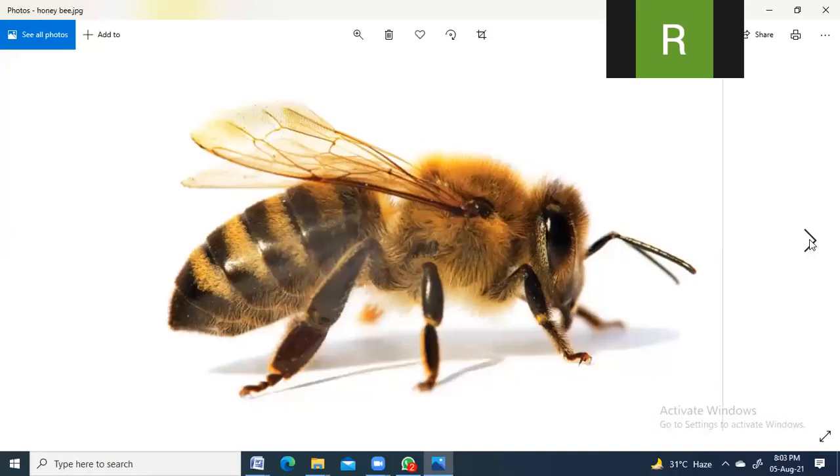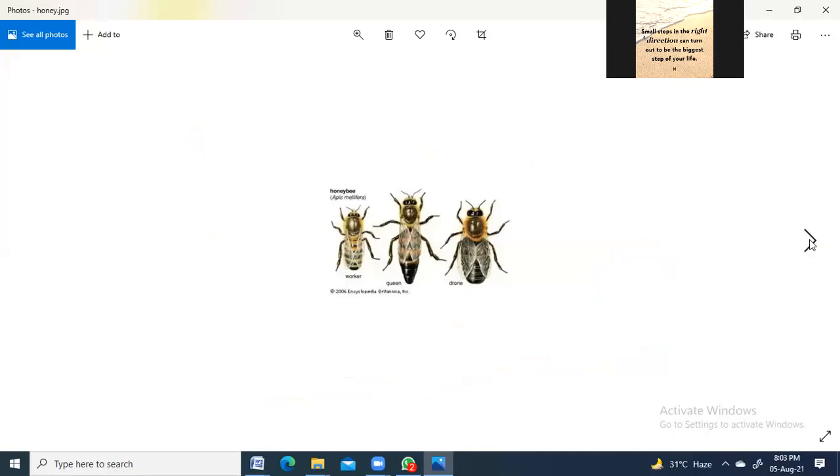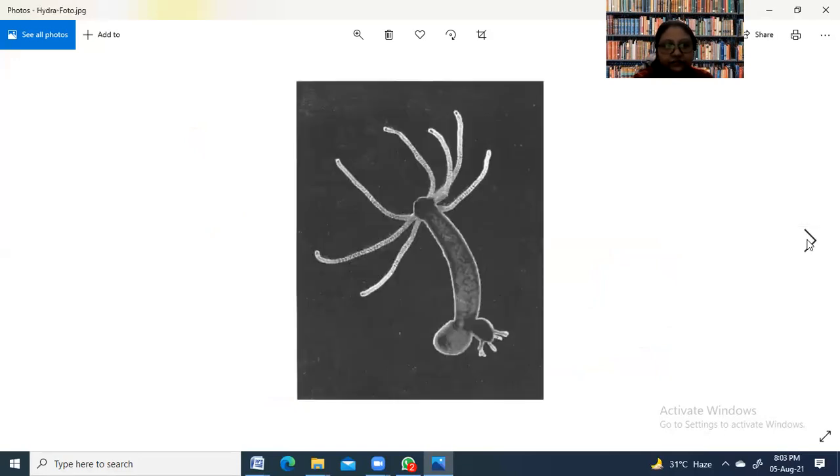Another frog. Honeybee. So it is under Arthropoda. Very good. These are three types of honeybee you can see: worker, queen, and drone. What is this?